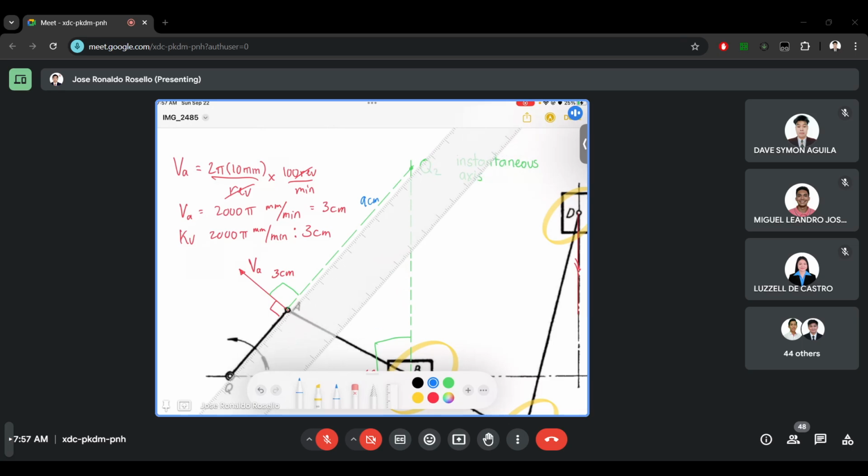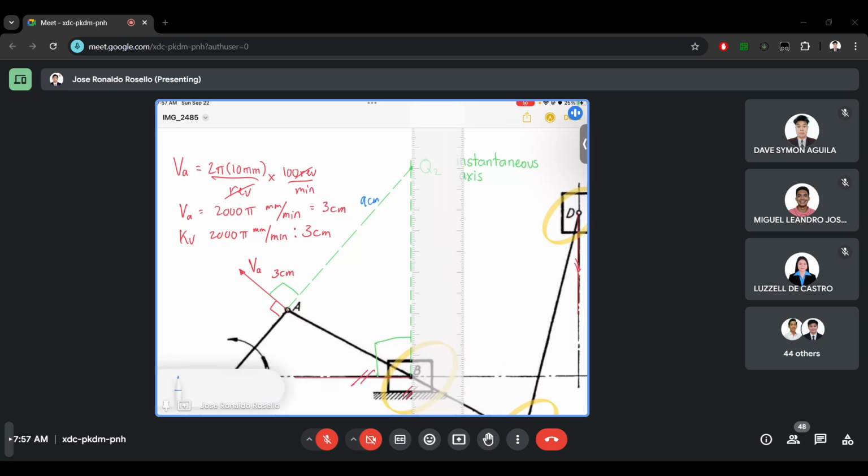Again, let me double check. 1, 2, 3, 4, 5, 6, 7, 8, 9. So this is from Q2 going to A. Let's just copy it here. From Q2, let's make a 9 centimeter length. 1, 2, 3, 4, 5, 6, 7, 8, 9. Meaning, here we have the A.